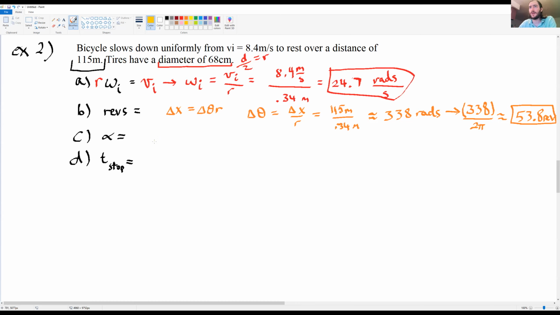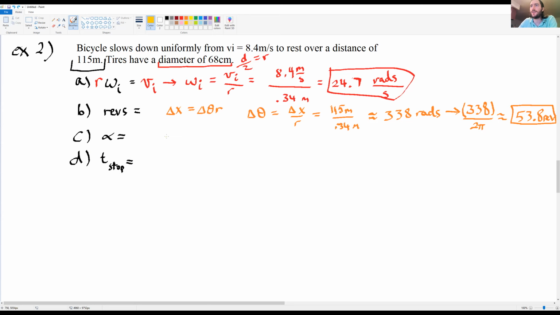So we can use that information that it is constant to apply our simple definition that delta omega, actually, maybe we want to use the equation that doesn't involve time. If we really want to go in order here, we'll calculate alpha without any information about the time. So here's what we'll do.